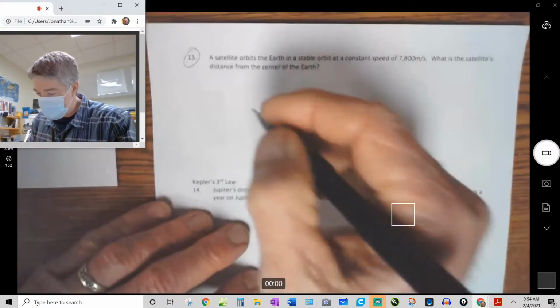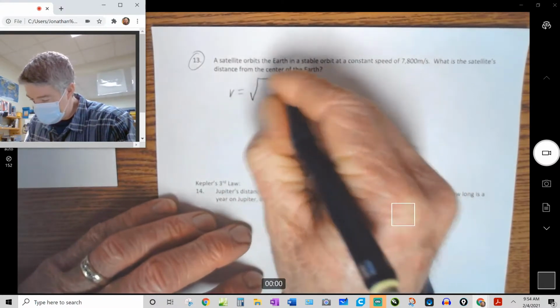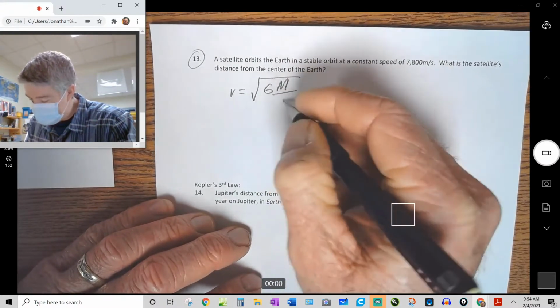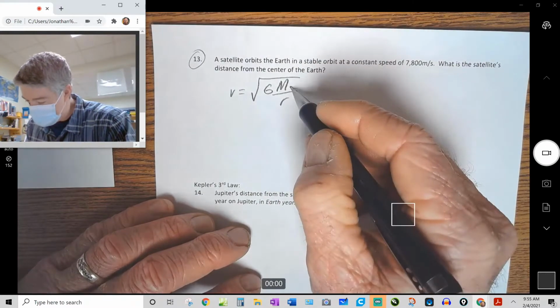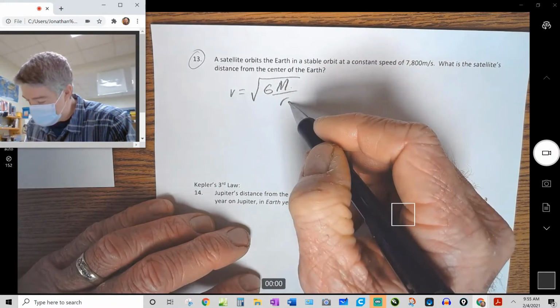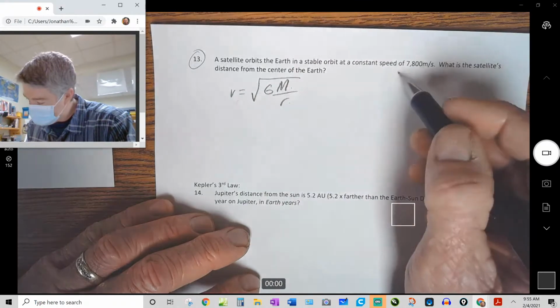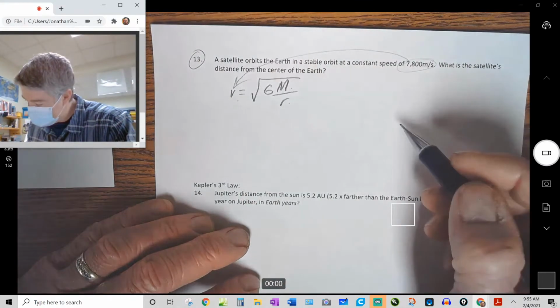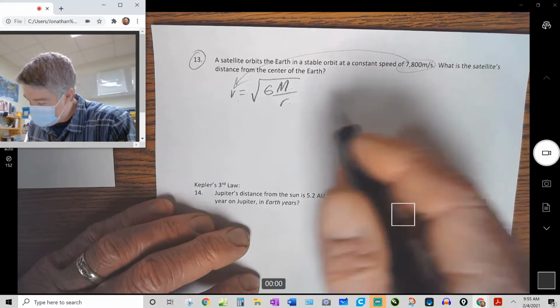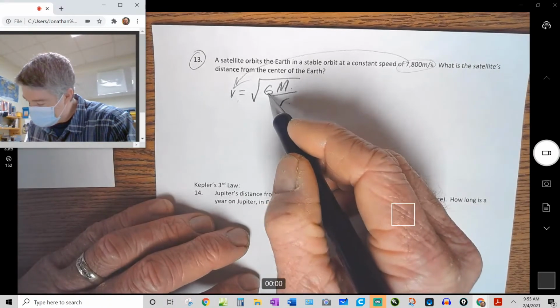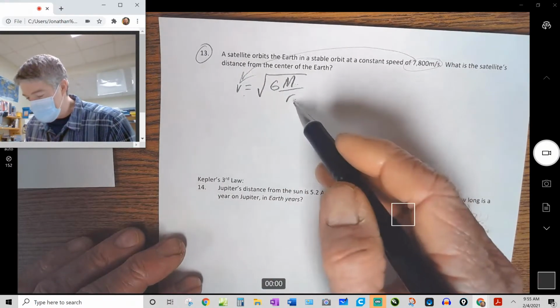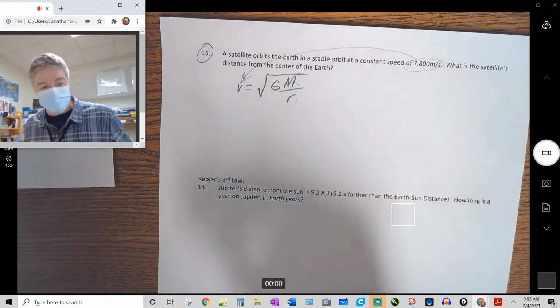Let's see. v equals the square root of big G times the mass of the thing. So this is whatever's being orbited. This is the orbital radius. This is velocity. So constant speed, that's the velocity. G, I know. The mass of the Earth, I can find from an earlier question. So yeah, it's just plugging these things in and solving for r.